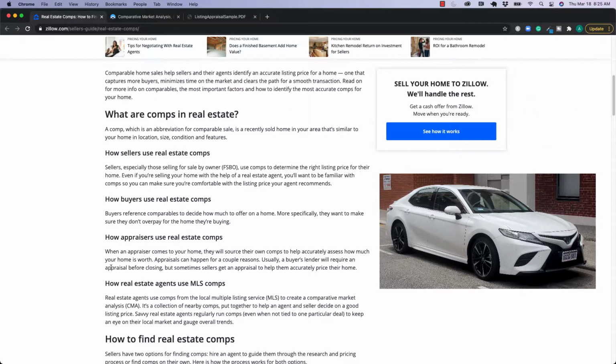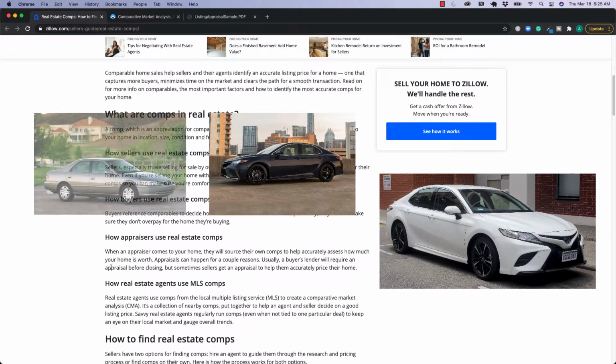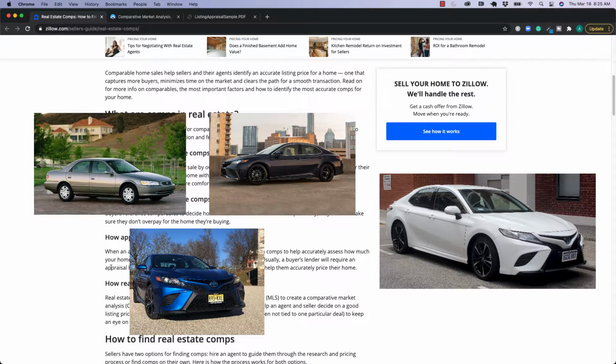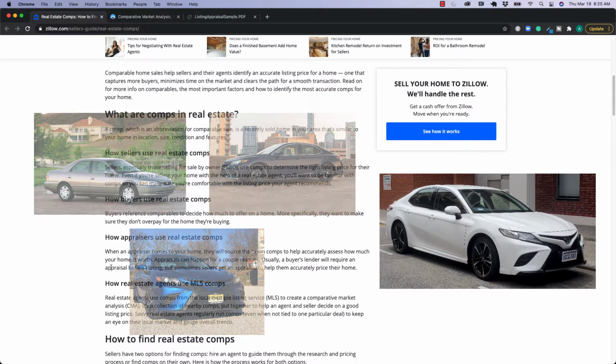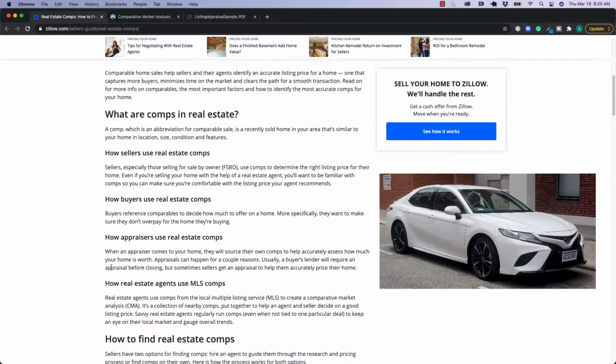And second, I don't want to price it too low where I leave money on the table, which wouldn't be good for my business. So using comparables of other vehicles that recently sold that are Toyota Camrys, I'd be able to get a better assessment as to what this car is worth, it being 3 years old, having so much mileage, and the condition of it, whether it was in good condition or not.